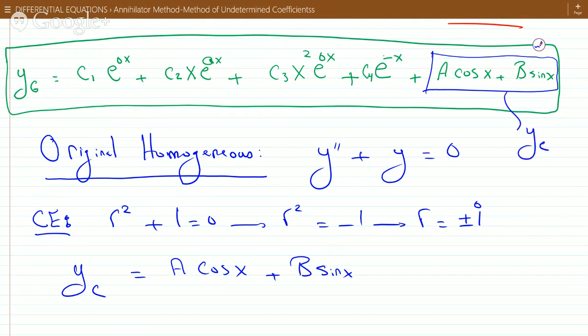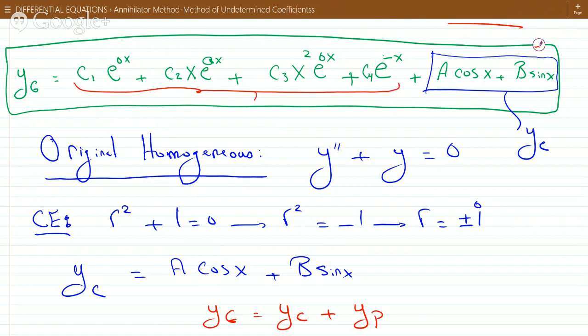So the rest, because technically your y general is equal to y complementary plus y particular. If you take out your y complementary from this, the remaining terms are your y particular. So when you solve the complementary, you take out those terms from the general, and the remaining ones are y particular.